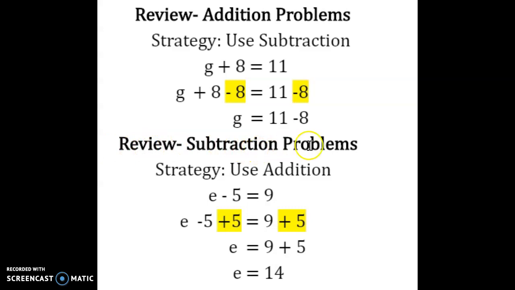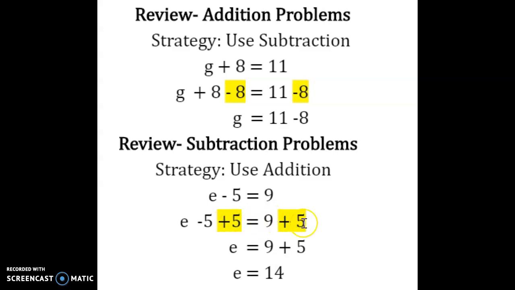Let's review our subtraction problems. Our strategy is to use addition, or the opposite. In our new problem, e minus 5 equals 9, we notice that this is a subtraction problem, so we have to use addition to cancel it out. e minus 5 plus 5 equals 9 plus 5.